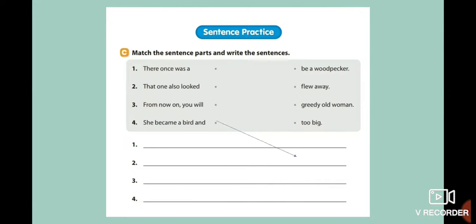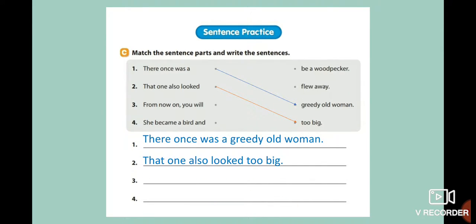Sentence number 1. There once was a greedy old woman. So we write in line number 1. Sentence number 2. That one also looked too big. So we write in that part.